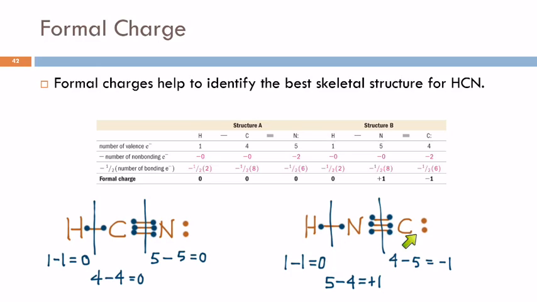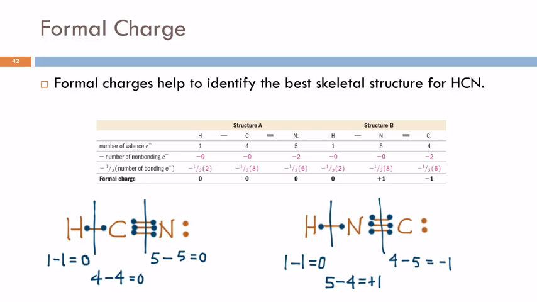This is not as good of a structure because we have non-zero formal charges. This one is better because all the formal charges are 0. If we were comparing this to something else that also had formal charges, this wouldn't be as good because here we have a positive formal charge on nitrogen, a negative formal charge on carbon.